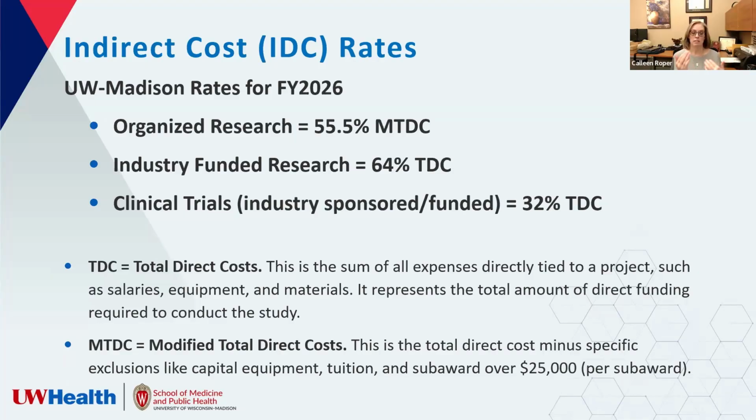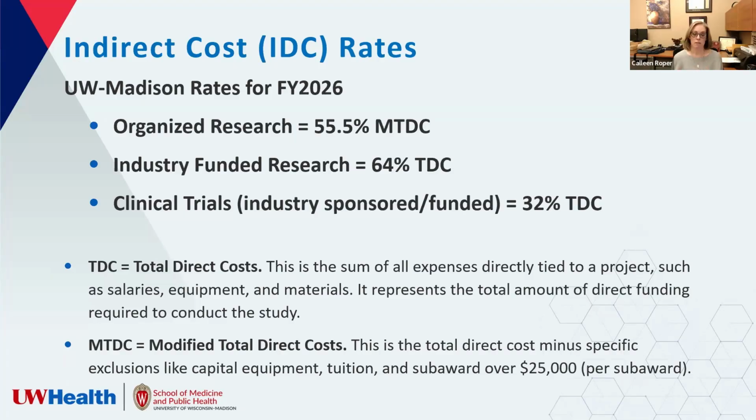So there is a difference between those. So it's important to understand what indirects are going to be charged on to understand how much of your budget the indirects are going to potentially take up or need to be inclusive of.